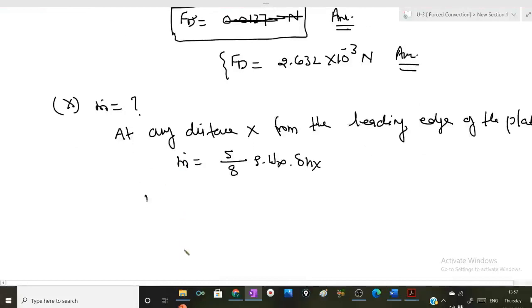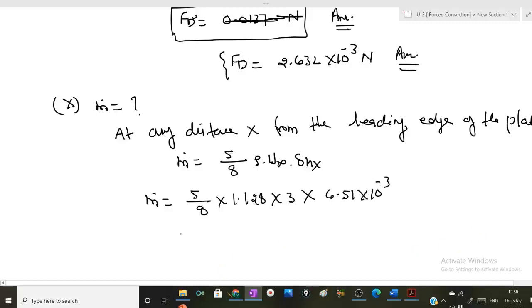So putting all the values, m dot as 5 by 8 into density is 1.128, velocity is 3, and the value of hydrodynamic boundary layer thickness is 6.51 into 10 to the power minus 3 meter.